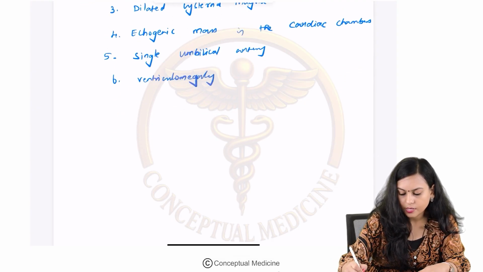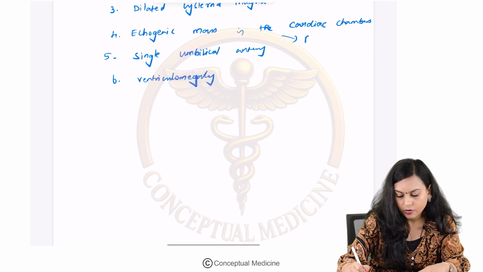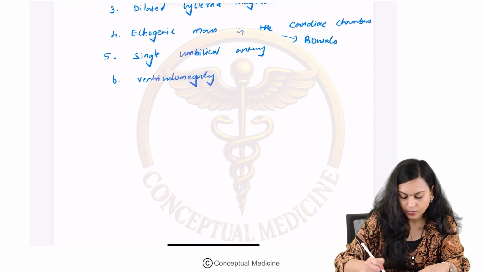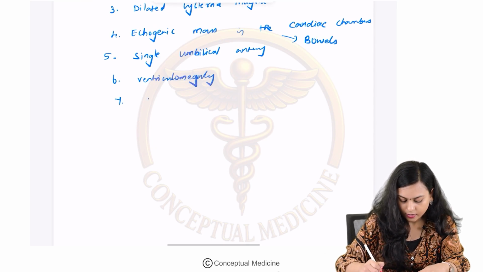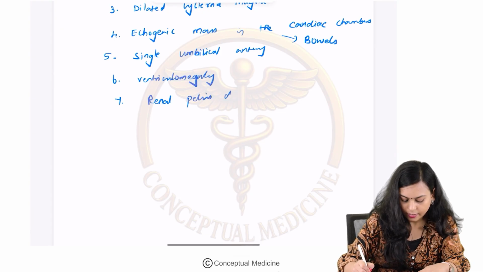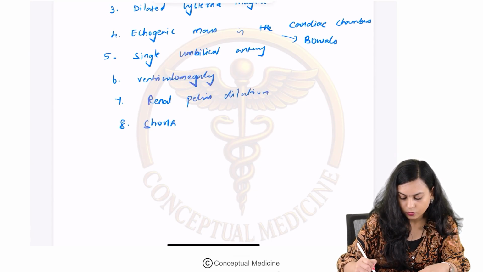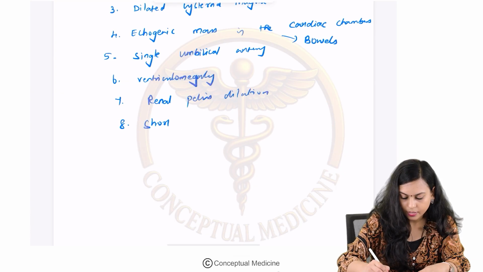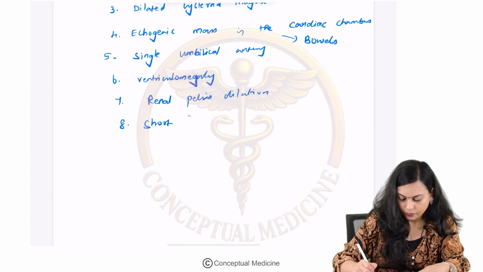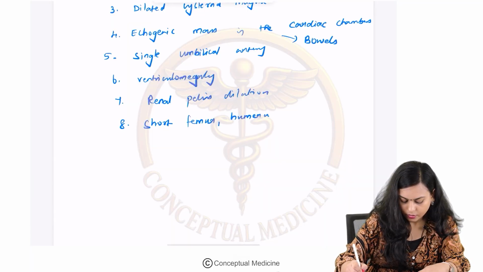Echogenic mass can be seen in the cardiac chambers or sometimes in the bowels also, and then there can be renal pelviectasis. Short length of the femur or humerus is another marker.